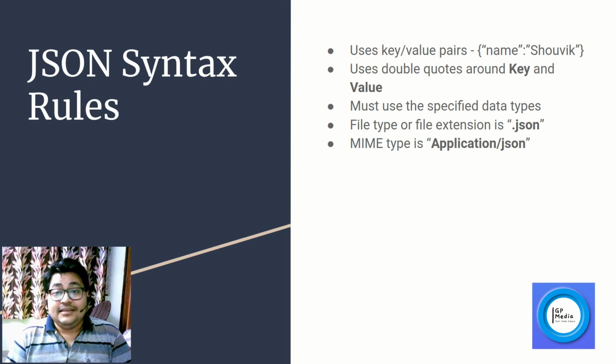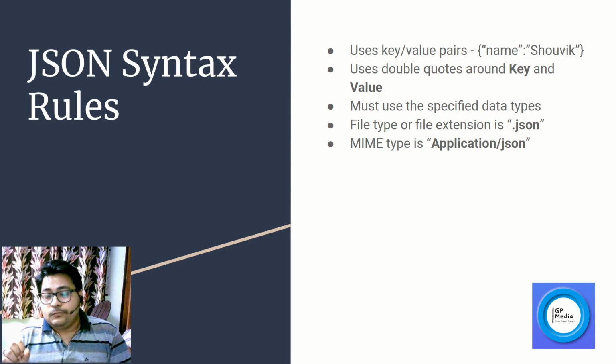Now the syntax of JSON is a bit different from JavaScript objects. In JavaScript objects, in a key-value pair, the key need not be in double quotes. But in the JSON format, that throws an error, and we have to wrap the key as well as the value in double quotes.